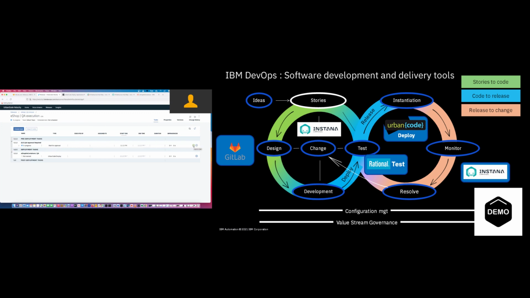Let me approve this for our demo. I'm just going to do that, and then this next segment will begin. This is really where my automated steps are, where I'm integrating with UrbanCode Deploy to deploy our application into that QA environment. You can see that deployment is in progress. I can actually click this link. It'll take me to that deployment.